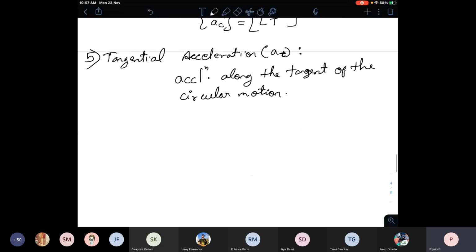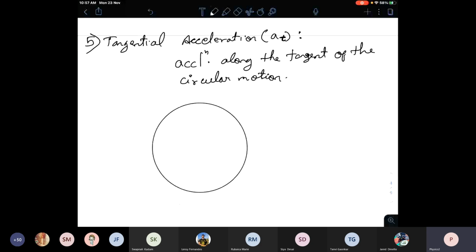This is not a very regularly used term. Tangential acceleration will be used sometimes, not always, but still, if it comes, you should know. So suppose the particle is over here and it has a linear acceleration in this direction. Centripetal acceleration is towards the center, but this acceleration is along the tangent, the tangent at this point.